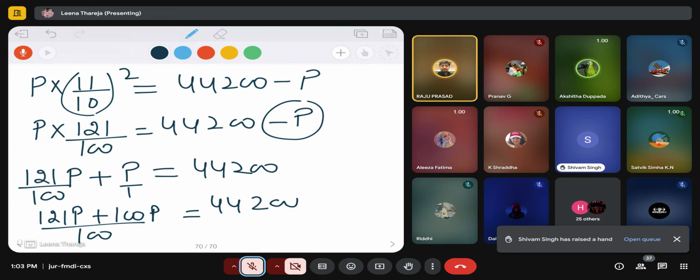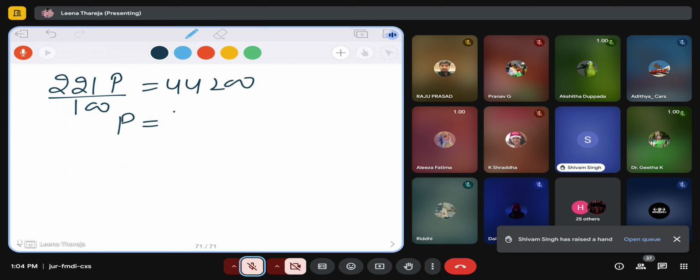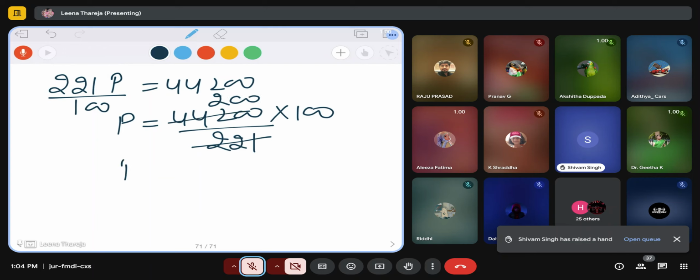Okay, so 221 P by 100 is equal to 44,200. Now you can get the P. If you cancel it, it will be 200. P is 20,000.